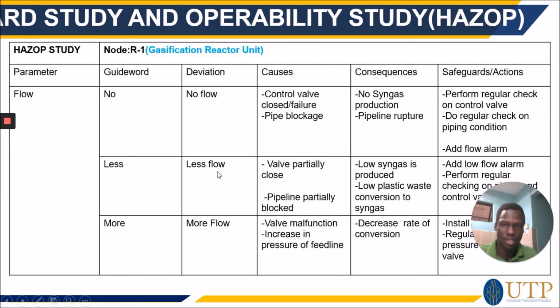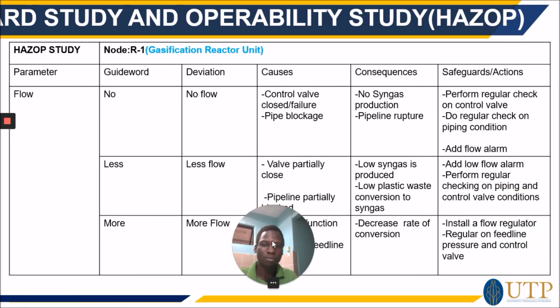Second deviation is less flow. Less flow deviation can be caused by partial closure of the valve. It can also be caused by partial blockage of the pipe. The consequences of less flow would be low syngas production and low waste plastic conversion to syngas. The safeguards include addition of a low flow alarm and performing regular checks on the valve and the piping condition.